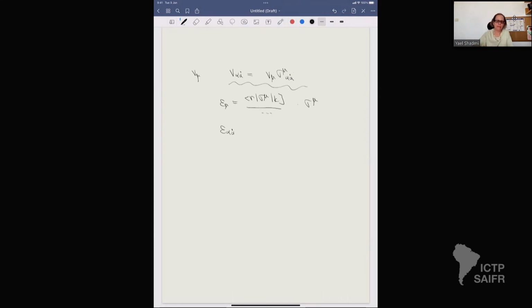Okay. So right, we want to look at the interactions of massless spin 1 particles. And let's imagine that we have some theory in which we have n massless spin 1 particles.